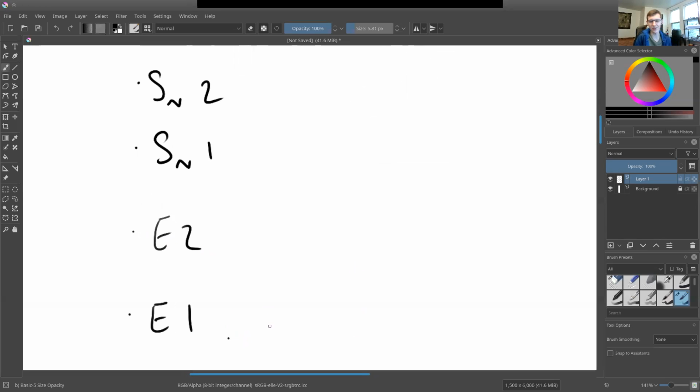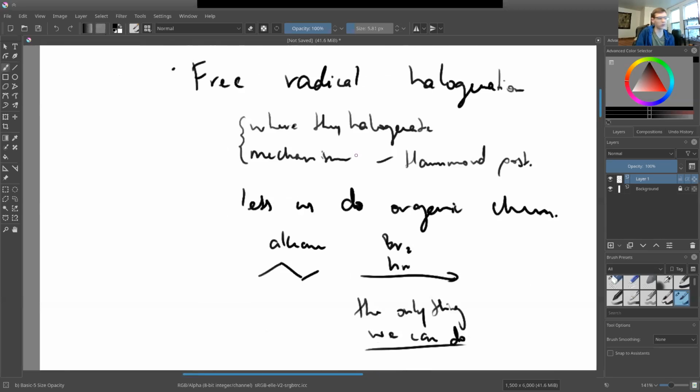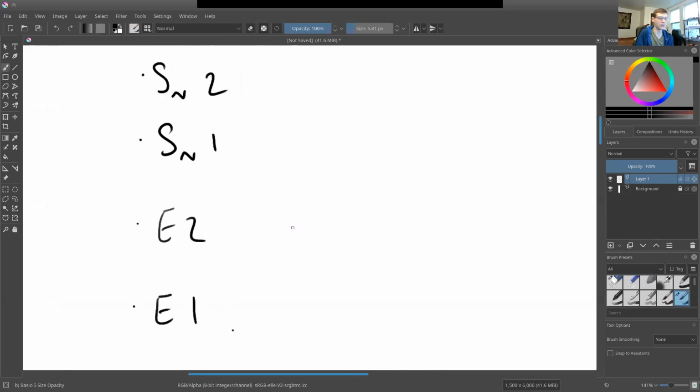I said there are six classes of reactions: acid-base, free radical, and then these four. I might even cheat and mention there's almost a seventh that's hidden in here, which is that E1 is reversible.